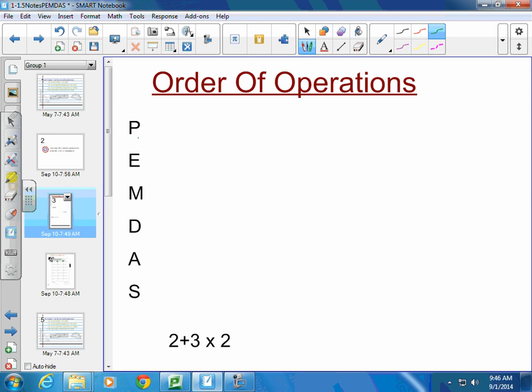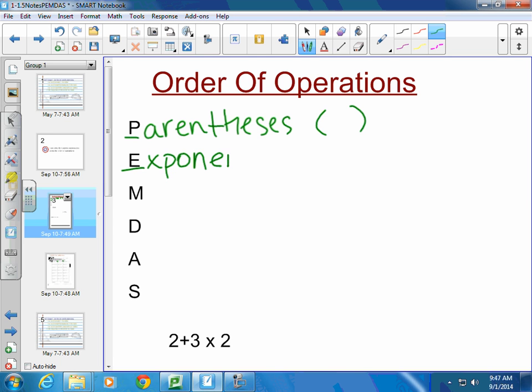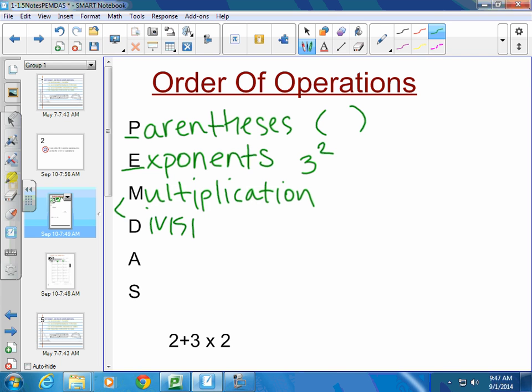So our first thing that we look for is parentheses. Anything in parentheses needs to be solved first. Then we're looking for exponents. So anything with an exponent, whether it's squared, cubed, to the fourth, to the 10th, whatever. Okay? Then we have multiplication and division.